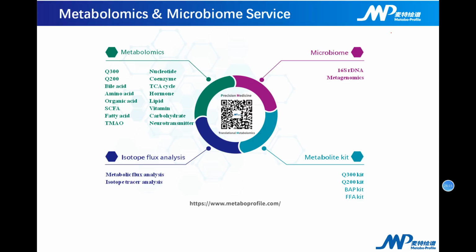Finally, I want to show our service product. Except for Q300, we also provide regular untargeted metabolomics and lipidomics analysis, and absolute quantitative method for dozens of different metabolites, like bile acids. Our bile acid detection method can quantify 65 bile acids in one injection within 15 minutes of each analysis, and amino acids profiling, organic acids profiling, fatty acids profiling, and steroid hormone profiling, nucleotides, coenzymes, vitamins, and neurotransmitters.